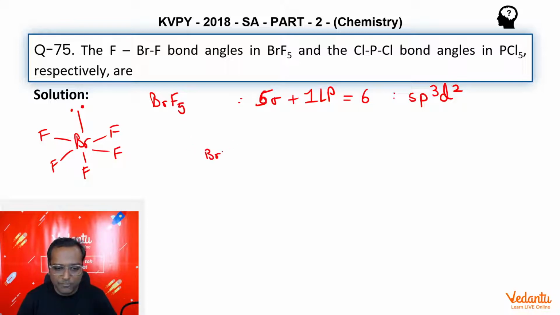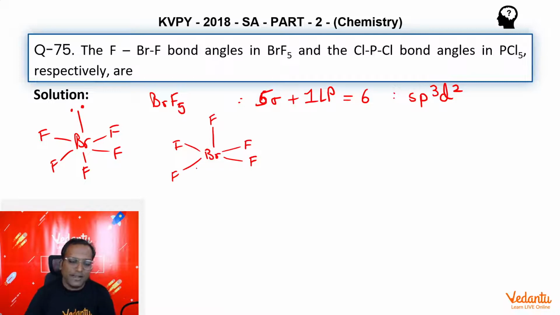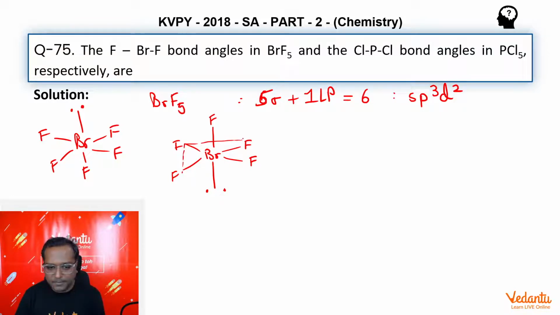And the shape we will understand when we plug in the sigma bonds and the lone pair. So I have put in all the fluorines here. In an octahedral geometry, all 6 positions are identical, so we can place the lone pair anywhere and the bond pairs anywhere. Now, as you can see, you have 4 fluorines in the horizontal plane.